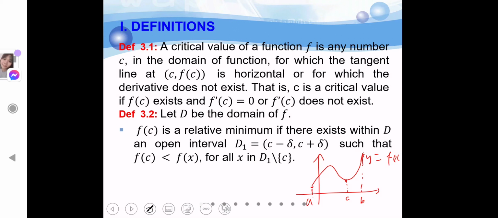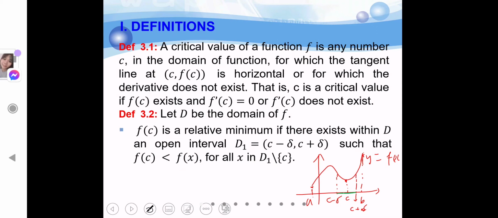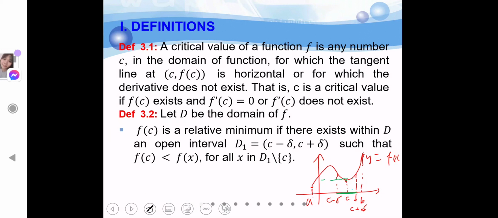It is a relative minimum because there exists the open interval from c minus delta to c plus delta, and for any x in this interval, the value of f(x) is greater than the value of f(c).